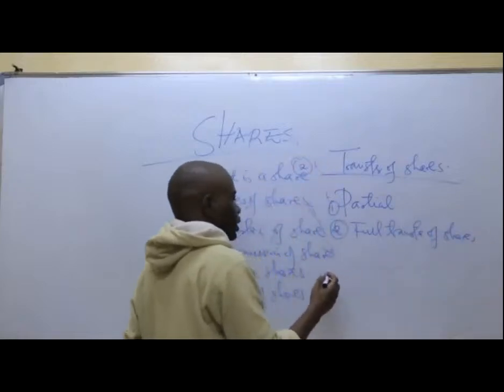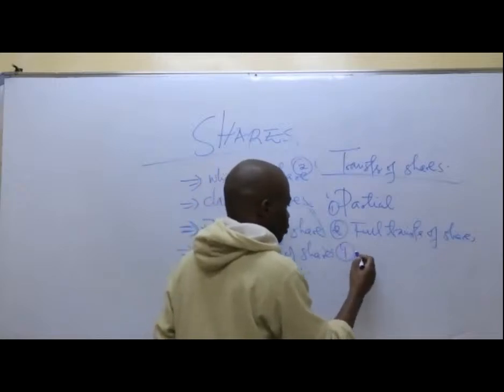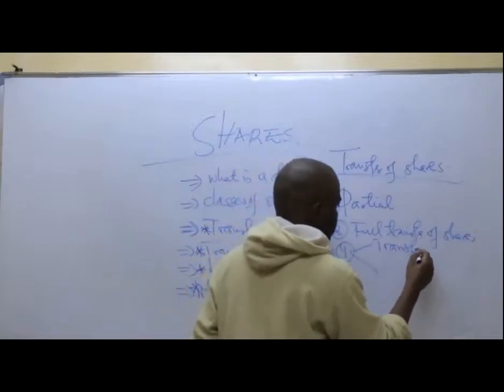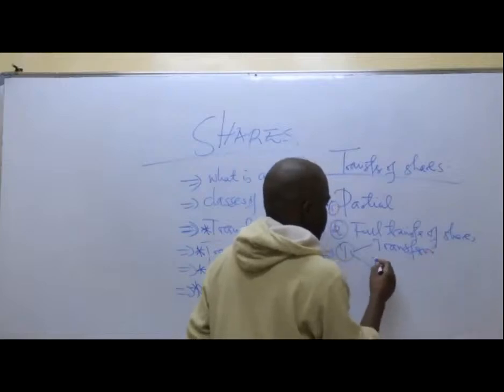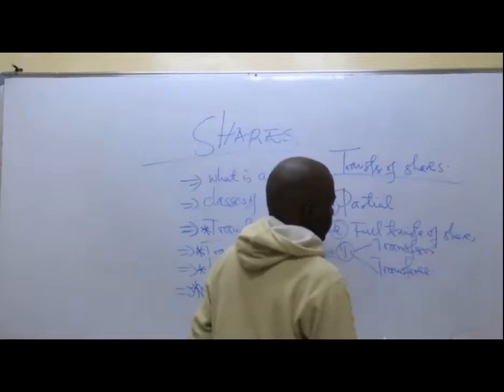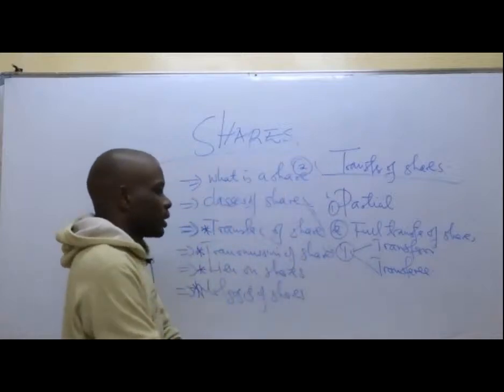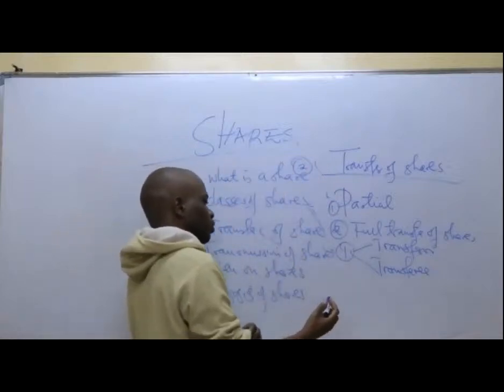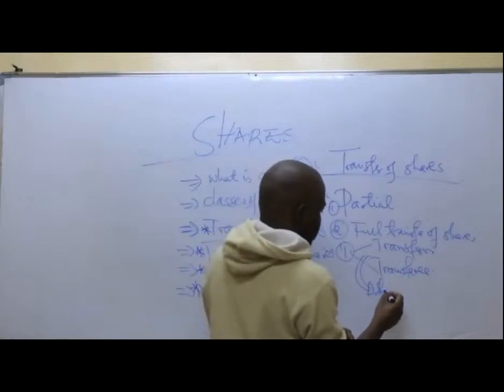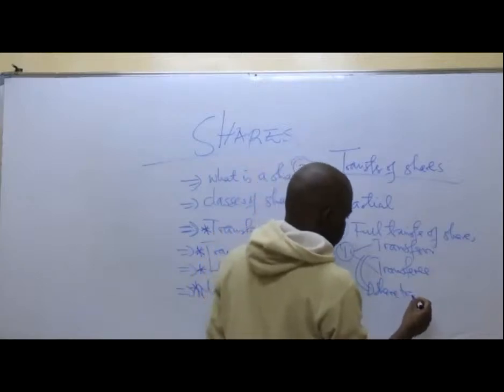What is important here is for you to know that there are usually two parties. There's the transferor of the shares, and there is the transferee. The instrument involved in the transfer of shares is known as a share transfer form.